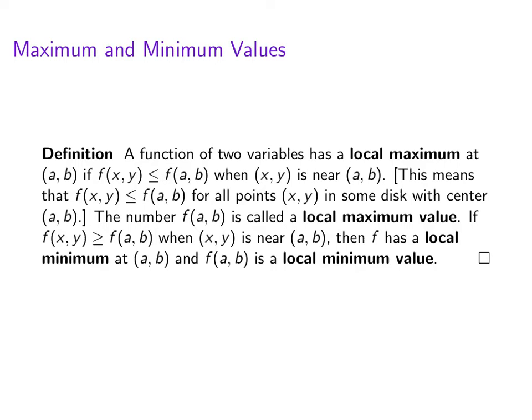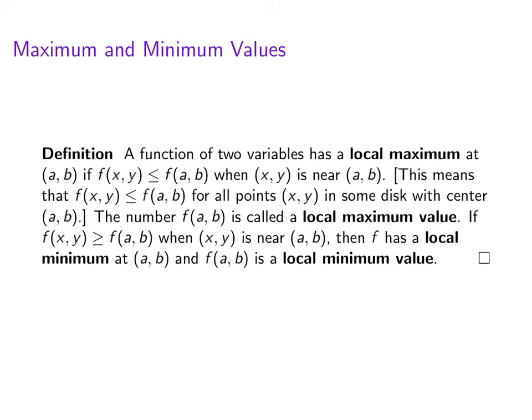So let's make a definition to say that a function of two variables has a local maximum at some point (a, b) if f(x, y) is smaller than f(a, b) whenever (x, y) is near (a, b). To be more precise, this means that f(x, y) is less than or equal to f(a, b) for all points (x, y) in some disk with center (a, b).